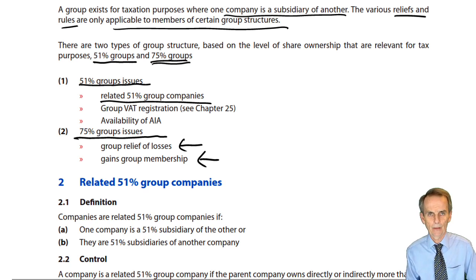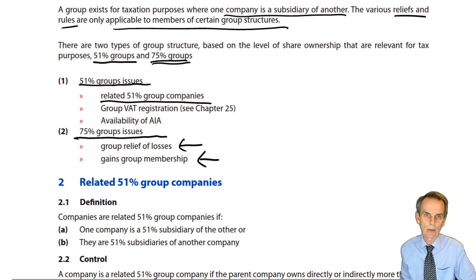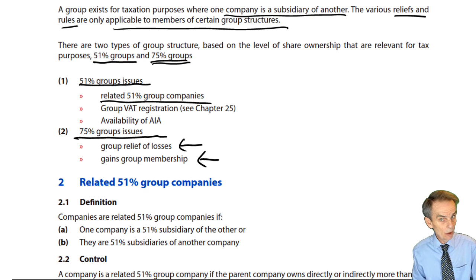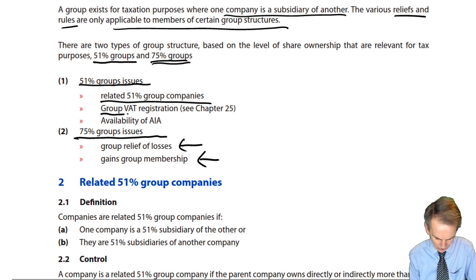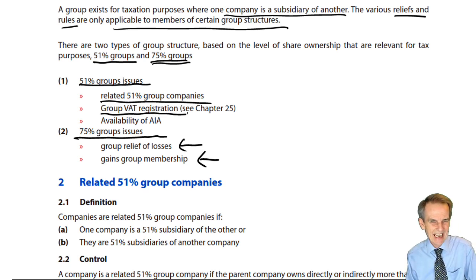With that much lower profit limit, there's a much greater probability, therefore, that one or more of those companies may fall above that profit limit, and therefore move into the quarterly instalment payment system. Is there anything we can do about that from a planning perspective? Group VAT registration, well, you don't know anything about VAT or VAT registration yet, but the concept is a pretty simple one, and we'll see it in chapter 25.